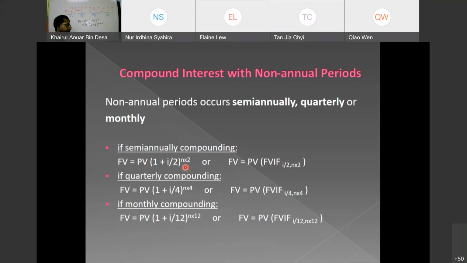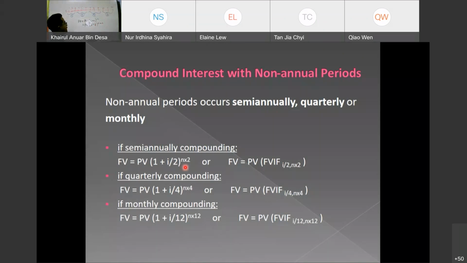Now, how about every month? Ataupun kita sebut monthly. Monthly means every month. Here, 1, 2, 3, 4, 5, 6, 7, 8, 9, 10, 11, 12.